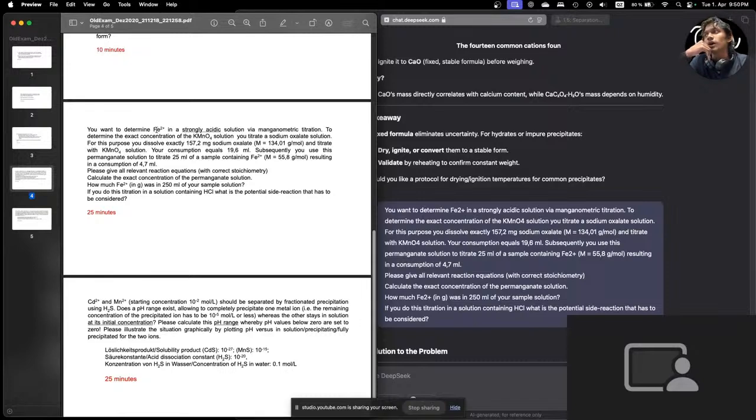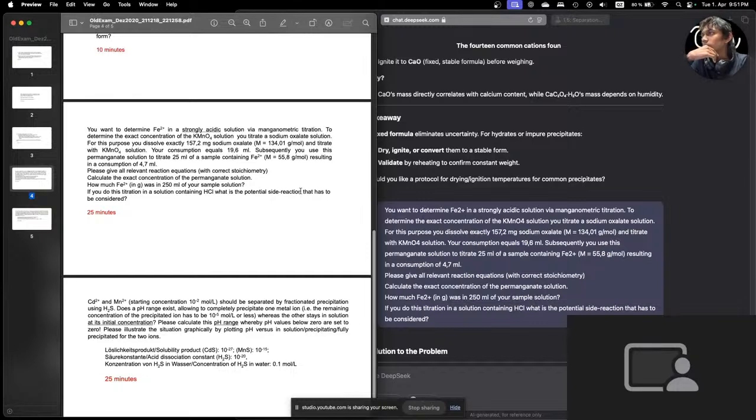So we have to find iron through manganometric titration, and the concentration of the permanganate solution. You titrate a sodium oxalate solution. For this purpose, you dissolve exactly 157.2 milligrams sodium oxalate, 134.1 grams per mole, and titrate with your consumption equals 19.6 milliliters.